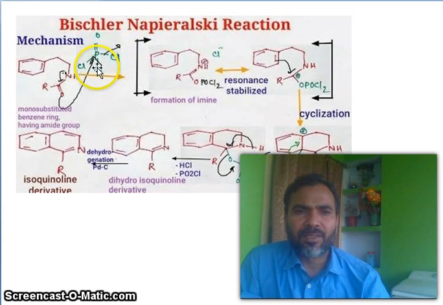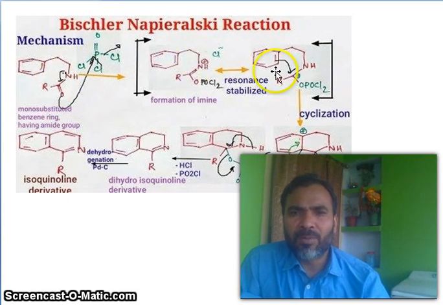Bischler-Napieralski reaction. What is the mechanism? You see POCl3, how it is attacking on this oxygen's lone pair. This is coming here, forming this intermediate. It is resonance stabilized.